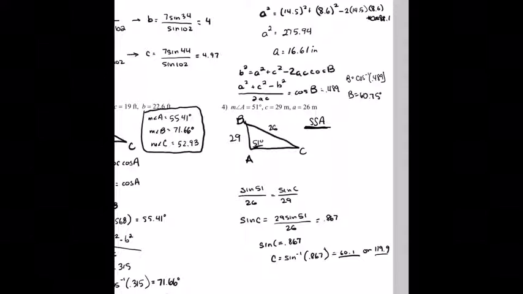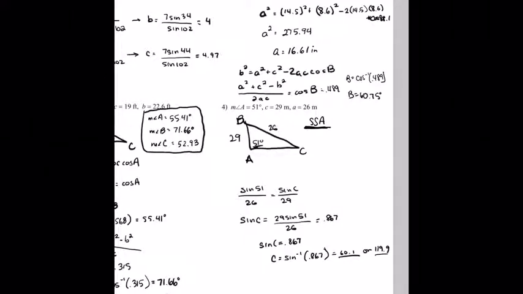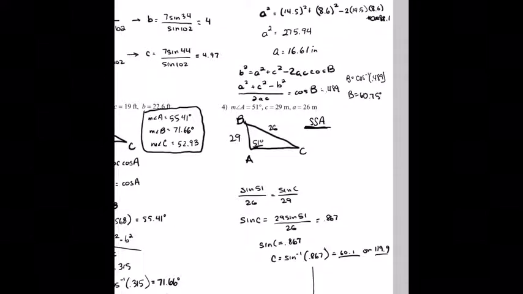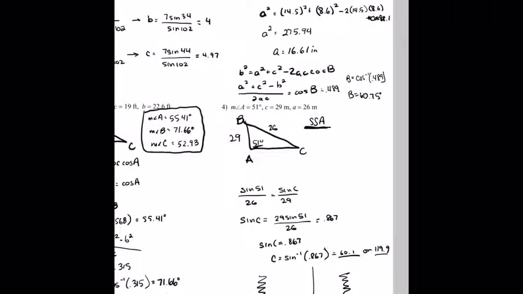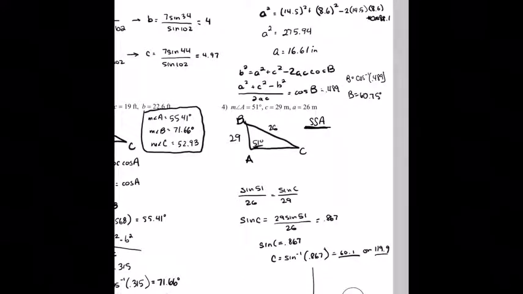So what we need to do is proceed separately using each individual measurement of angle C. If angle C is 60 degrees, that's going to give us some different measurements than if angle C is 119.9 degrees. So we need to do both of them.